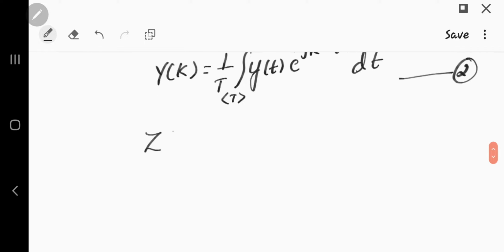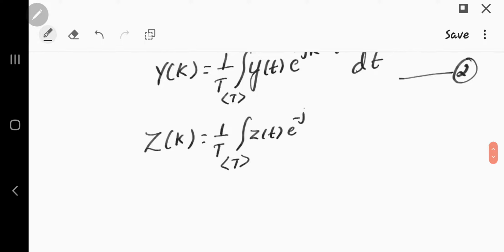Similarly, how do we go with z of k? 1 by T. Here I am representing T as one particular duration. It may be from t1 to t2, or minus t1 to plus t1. It's up to you, one particular duration.